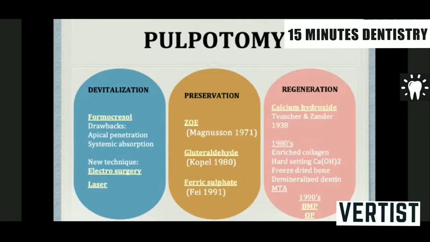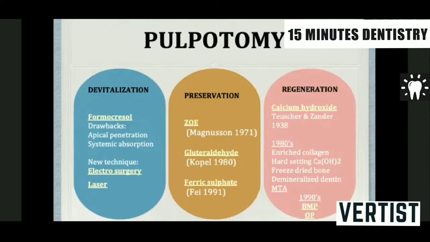The preservation pulpotomy is done with zinc oxide eugenol, glutaraldehyde, and most commonly ferric sulfate, and the regenerative procedures can be done with calcium hydroxide. And there are many others, like enriched collagen, hard setting calcium hydroxide, freeze dried bone, and demineralized dentine. The newer materials like MTA, bioglass, and even biodentine can be used as pulpotomy medicaments.